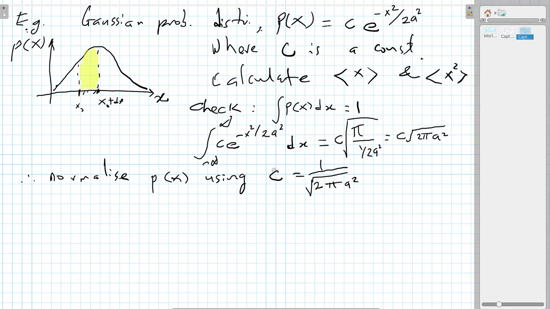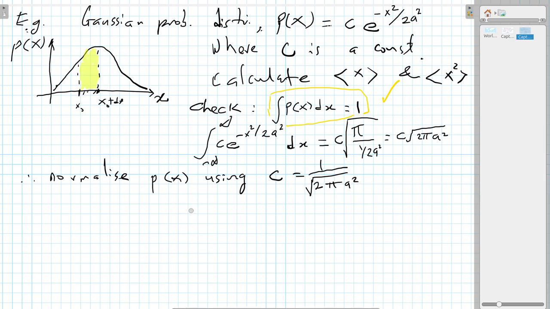With this choice for the constant c, we're going to see that the integration of p of x dx would be exactly equal to 1. This is a check which we want to always happen.